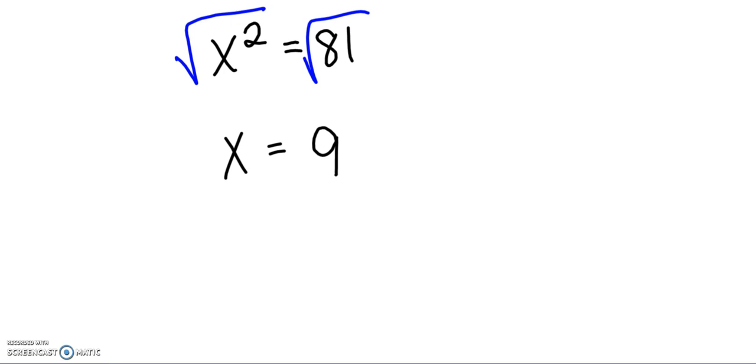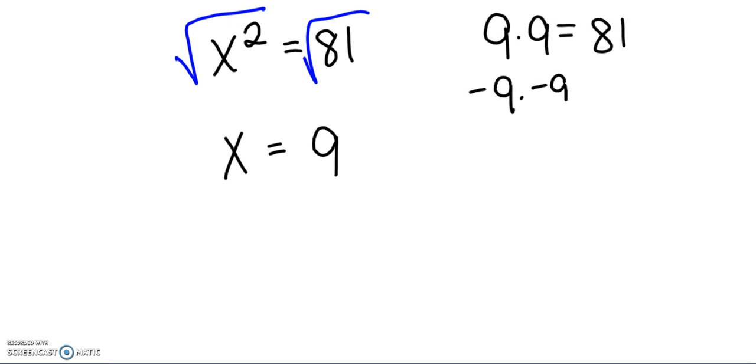We don't always talk about both of them, but in this case we're going to, because instead of 9 times 9 equaling 81, I can also take negative 9 times negative 9 and get positive 81, because a negative times itself is always positive. So I could say that x equals 9 or negative 9.